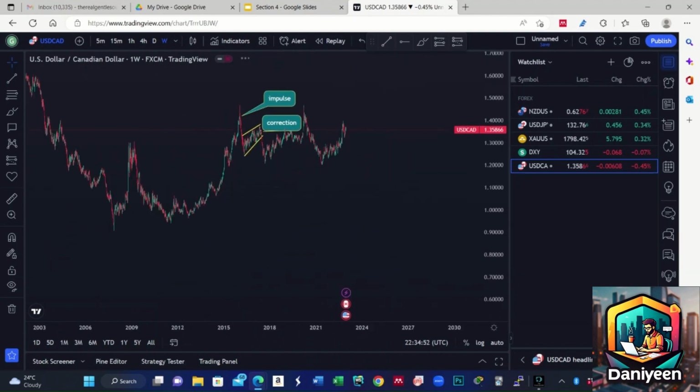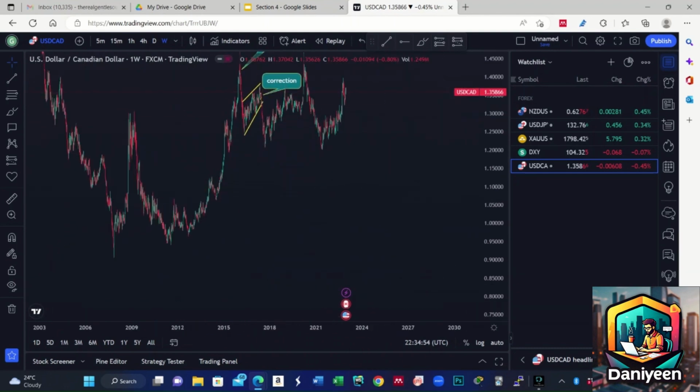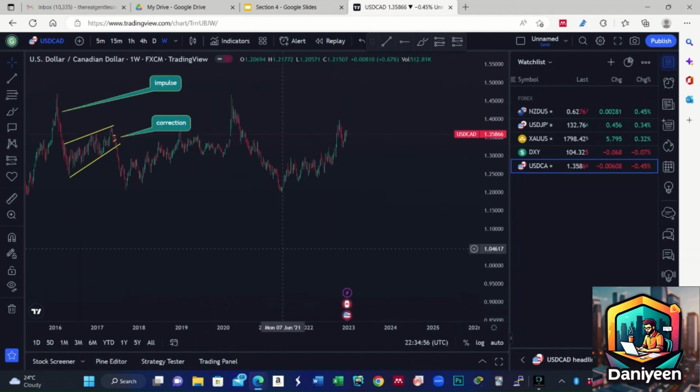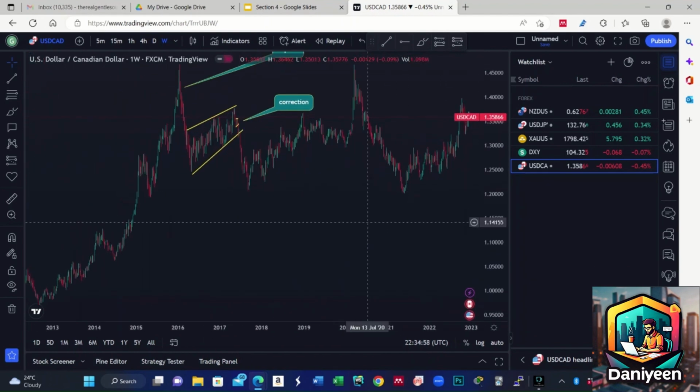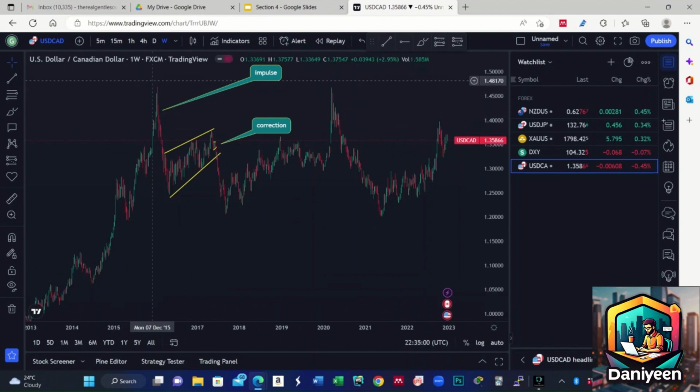If you look at this pair also, this is USD CAD. You can see the market here. This is a very large impulse, then a big correction, then another impulse, then this is another correction. You can call this another correction.